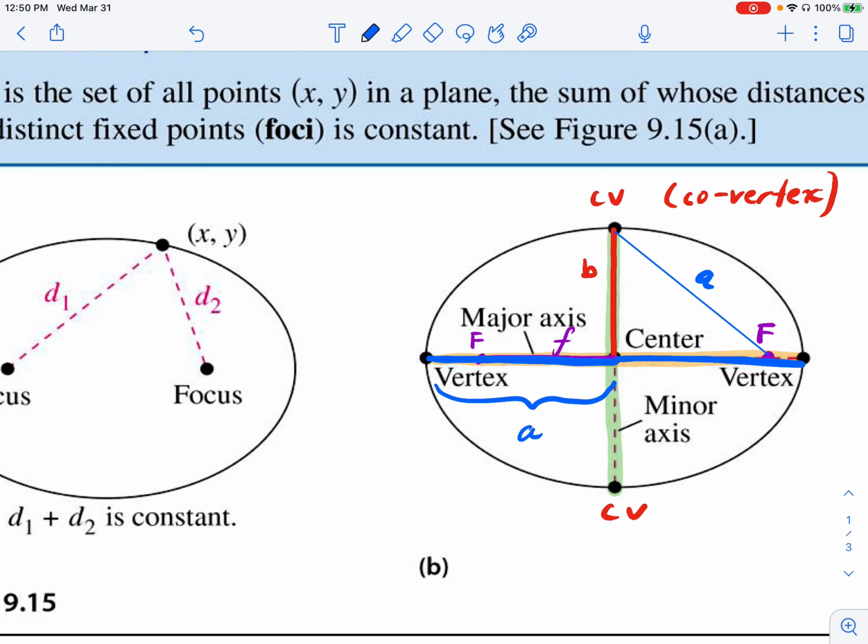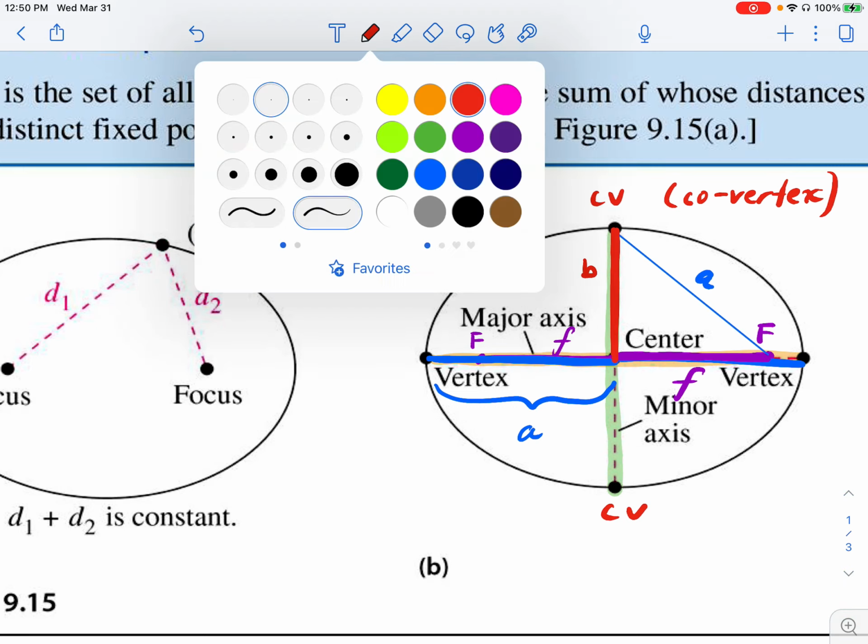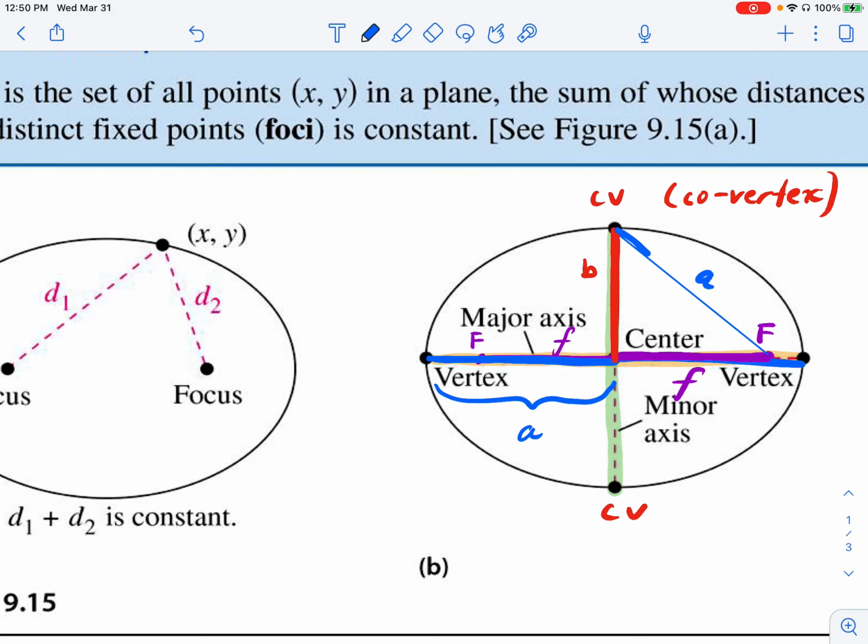So let me draw this again because it got buried here. This is my F value. This here, half the length of my minor axis, is my B value. And this hypotenuse of the right triangle that I've just formed is the length A. And clearly here we can see that it forms a right triangle.